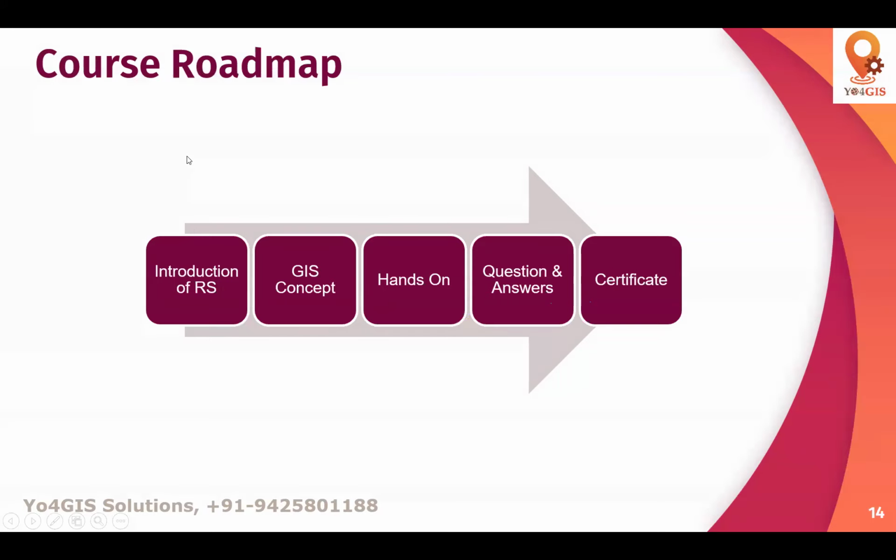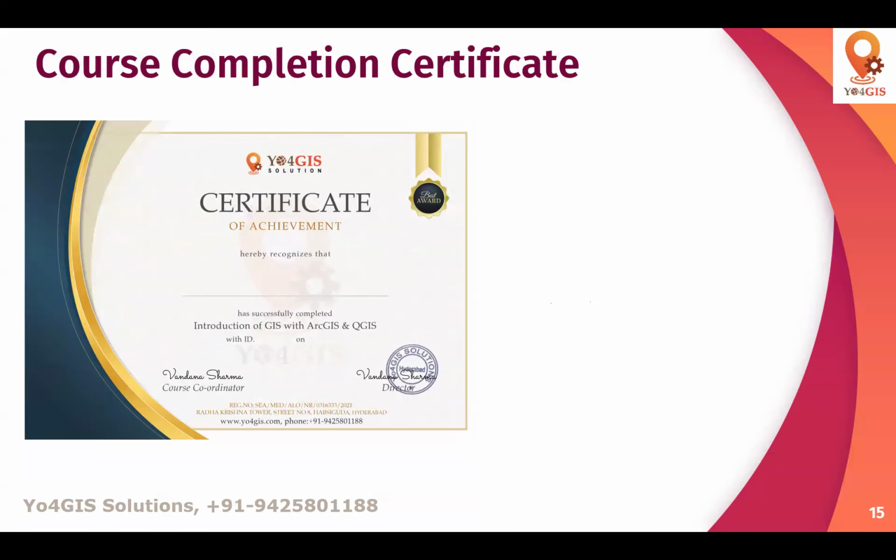The course roadmap, as I already told you: the introduction of remote sensing, the GIS concept, then hands-on, then a question and answer session, and after that we will have the certificate. This certificate is from U4GIS Solutions. After completion of the course, everyone will get this certificate.